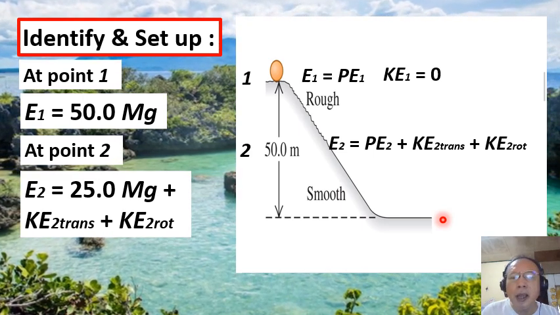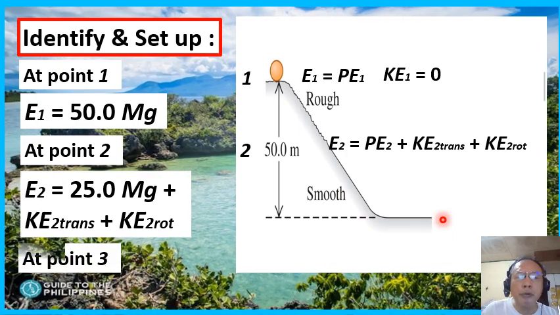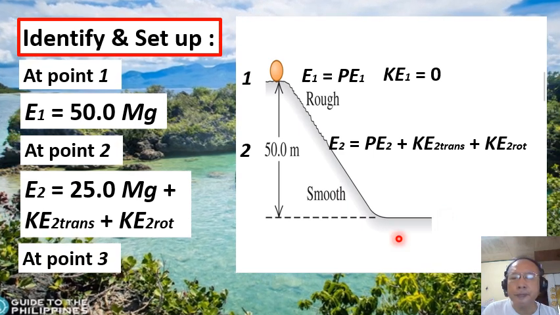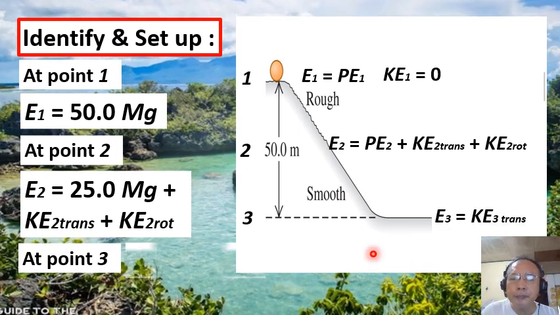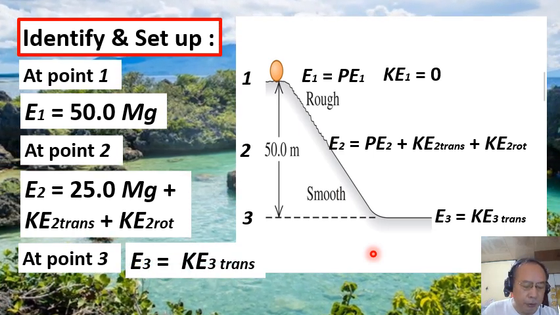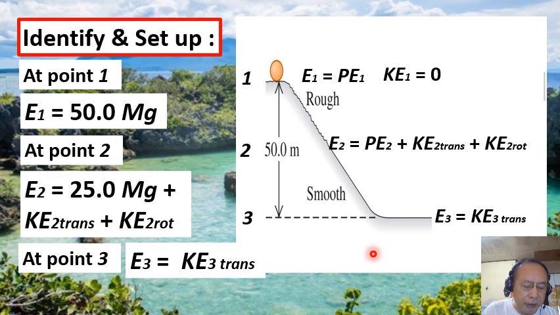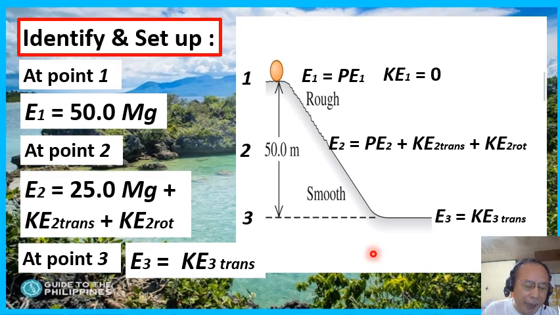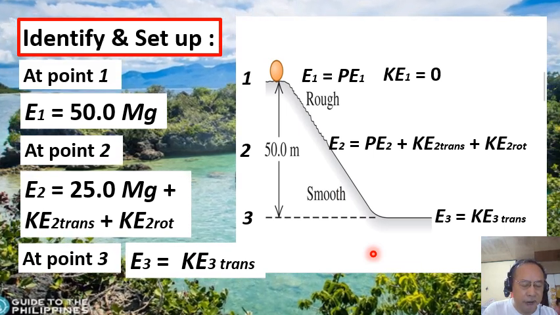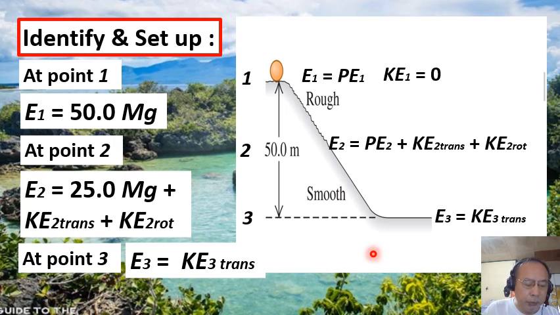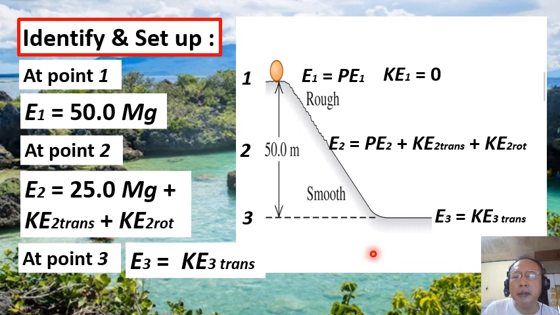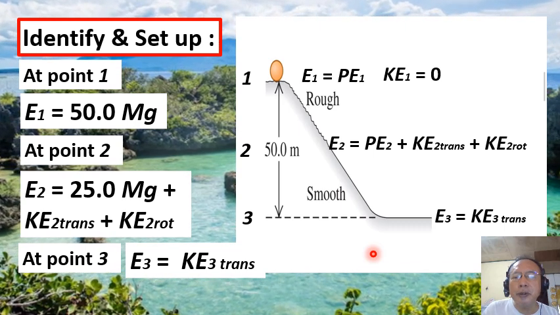All right, so as it continues to slide from point 2 to point 3, there is no more force of friction acting on the boulder. This is because the lower half of the hill is covered with ice. So when the surface is covered with ice, of course, we know that there is no friction.